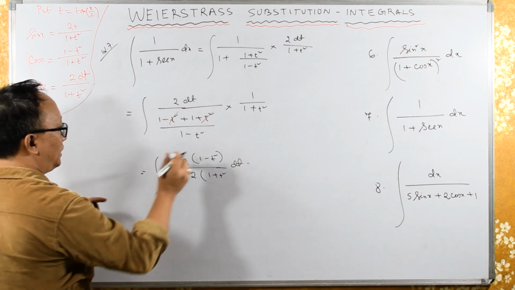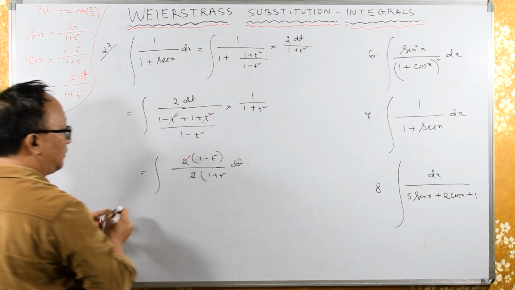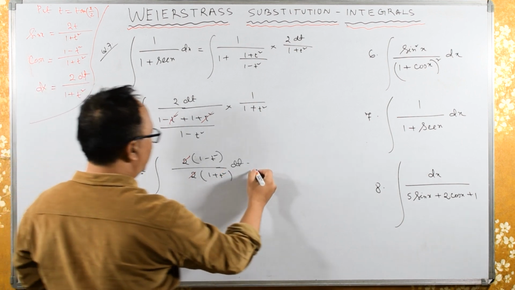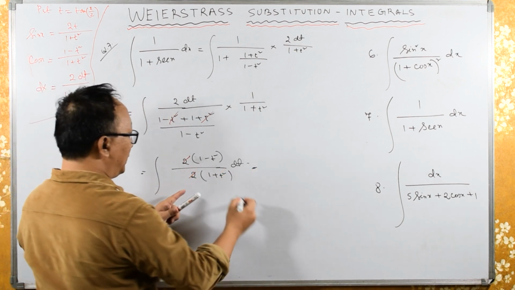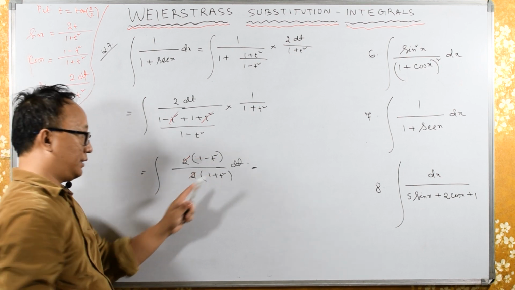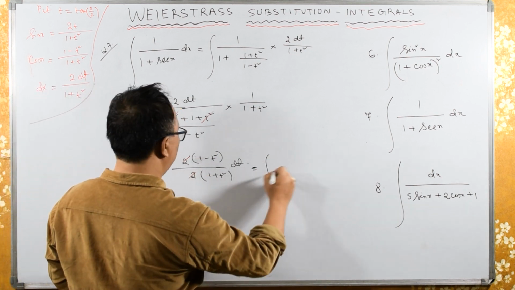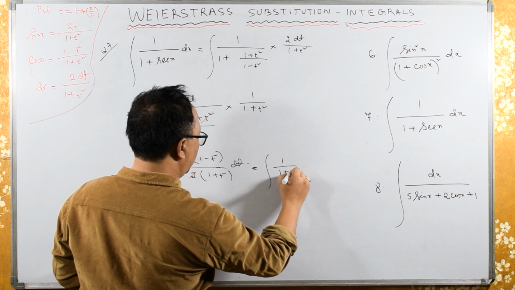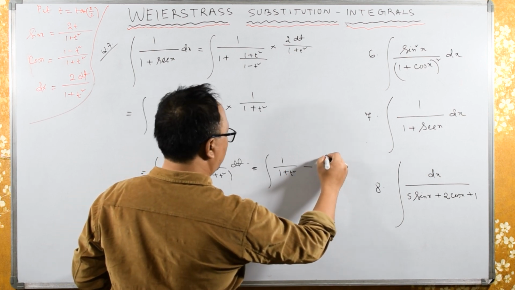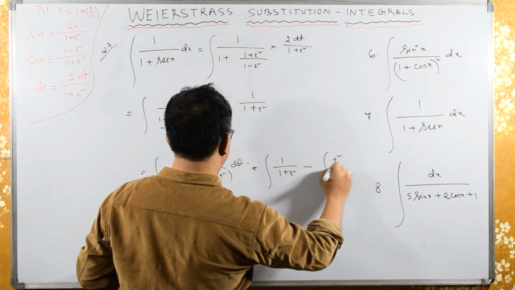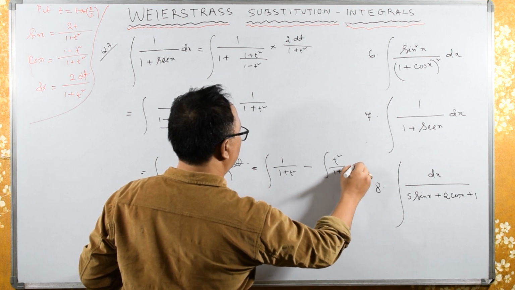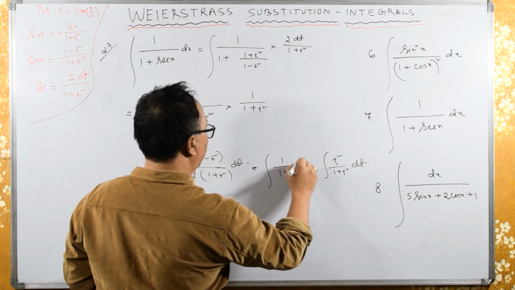Here t gets cancelled. I can separate this: the integral of 1 upon 1 plus t square minus t square upon 1 plus t square, dt.